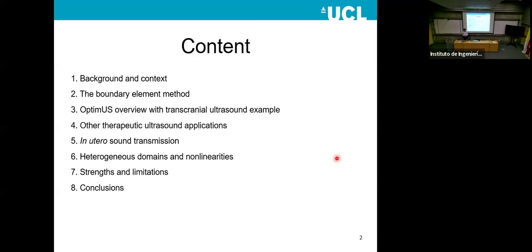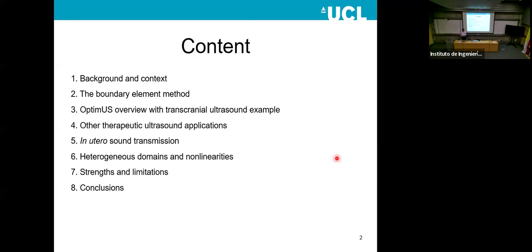I'm going to discuss an overview of the OptimUS library and provide you with some top-level Python script for a specific example, which involves ultrasound propagation into the cranium for neuromodulation applications. I'm going to briefly go through some other therapeutic ultrasound applications that we've tackled and published in OptimUS.